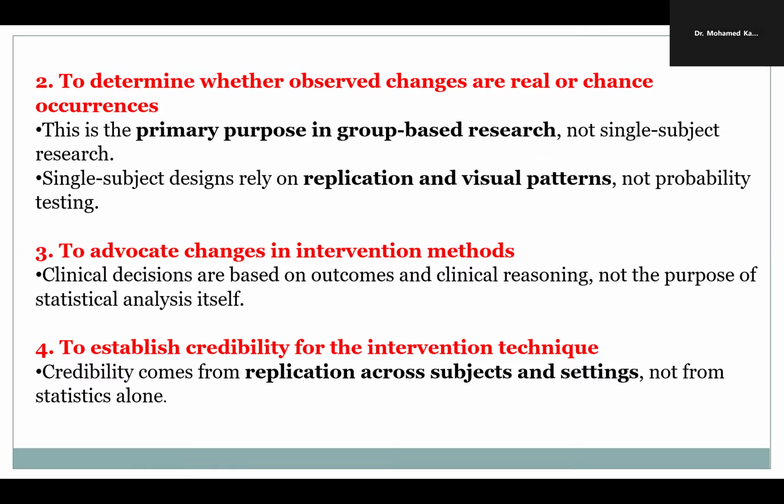If we say that this intervention or this machine is credible and can be used, how can we do that? By using the machine or the intervention across different subjects and different settings, not from just applying a statistical analysis alone.